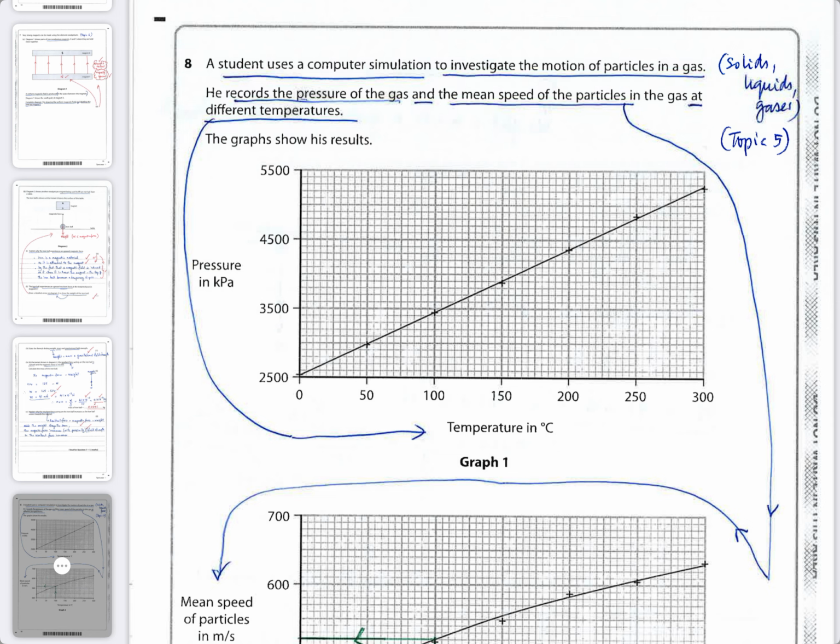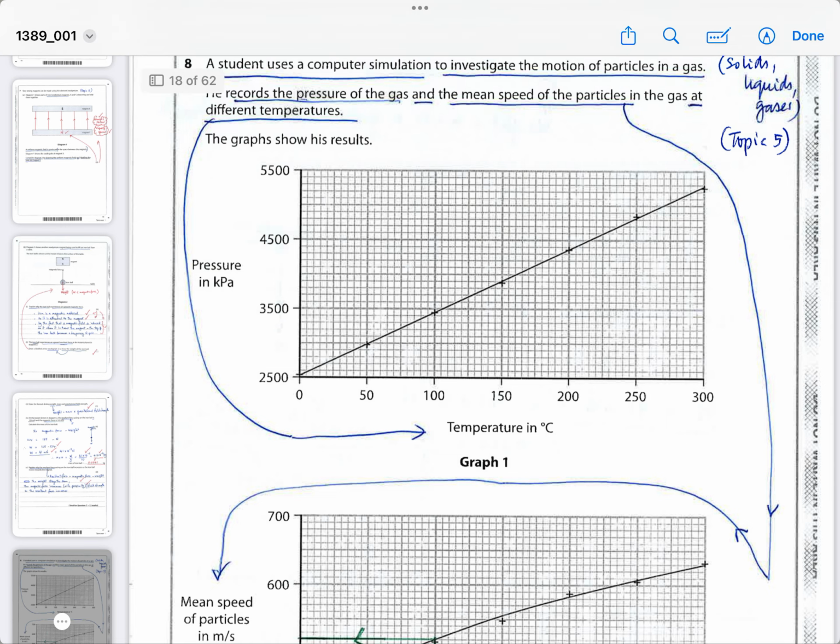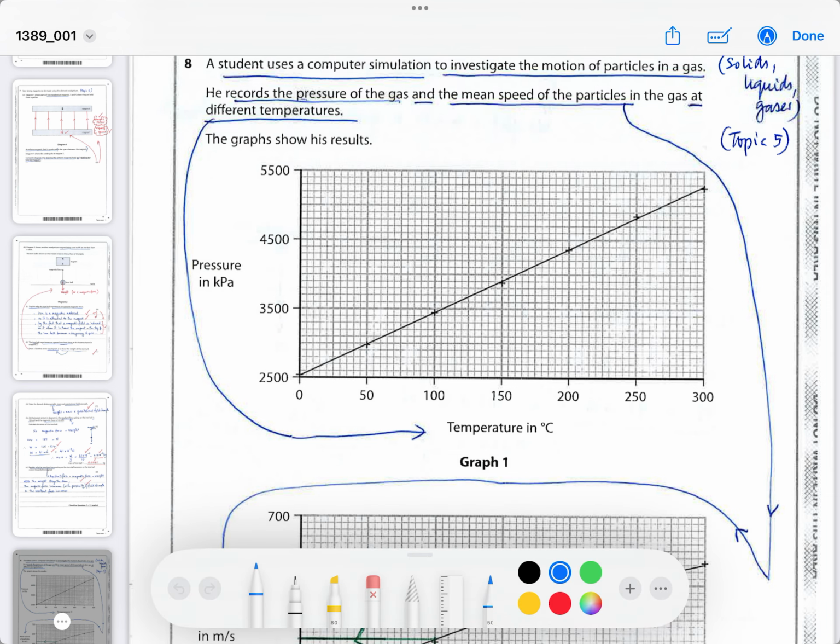Okay, so at different temperatures, now you'll notice that the temperature on the x-axis is given in degrees centigrade, and if you've studied this topic, you'll know that there's also temperature in Kelvin, which you need to think about. And then the pressure is given in kilopascals, and remember that atmospheric pressure is about 100 kilopascals.